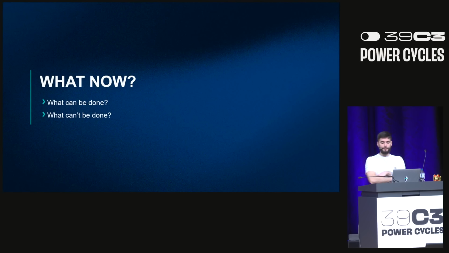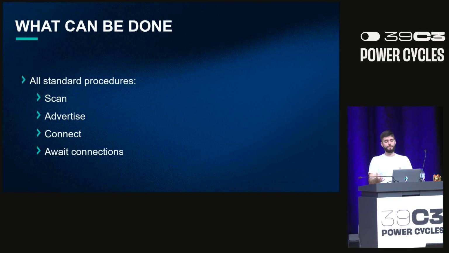Now, what can be done? So, easy answer. We can do everything that should be done. So all the standard procedures, so the hardware is documented enough to be able to perform the standard procedures of Bluetooth, such as scanning, advertisement, connection, and awaiting connections.